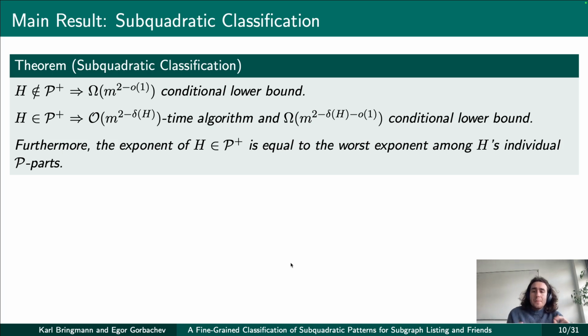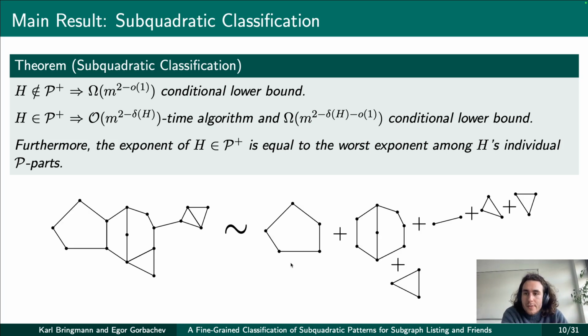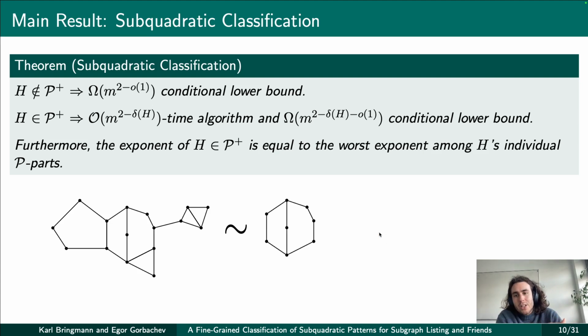Furthermore, the optimal time complexity exponent for a pattern H from calligraphic P+ turns out to be just equal to the maximum of the time complexity exponents over all its individual parts from calligraphic P that H is built out of. So for example, in the example from before, it's built out of these parts, and the second part, as we will see later, is the hardest one. So actually the time complexity of the whole pattern is the same as for one such subpart.